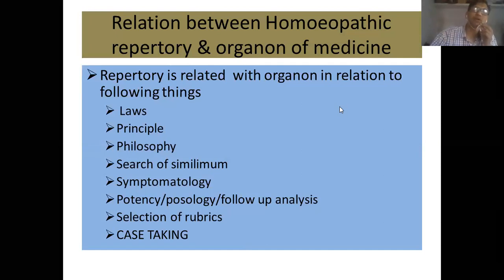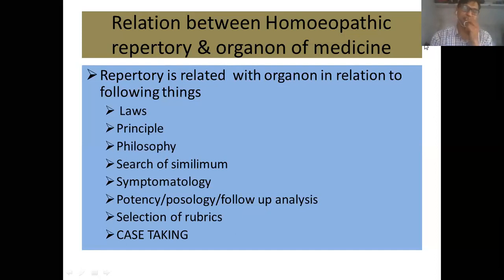an enumeration of the various points where repertory and homeopathic Organon of Medicine are related with each other. Repertory and Organon of Medicine are related with respect to laws, with respect to the various principles, with respect to philosophy, with respect to search of similimum, with respect to symptomatology, with respect to potency, posology, follow-up, analysis, and last but not least, without Organon of Medicine we cannot select the proper rubrics for accurate repertorization.